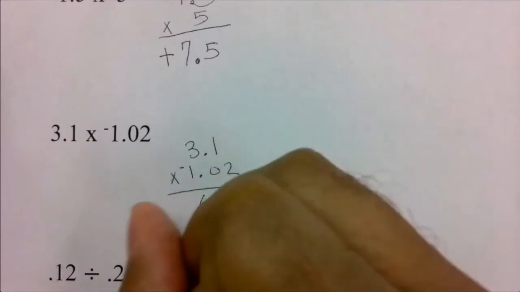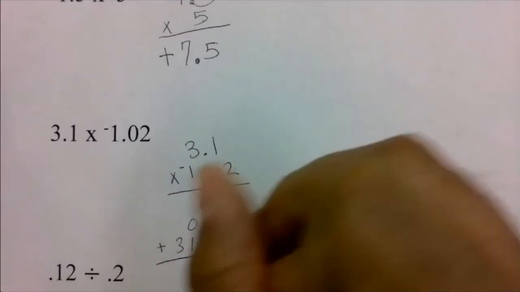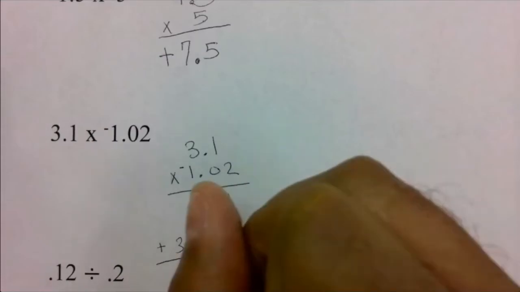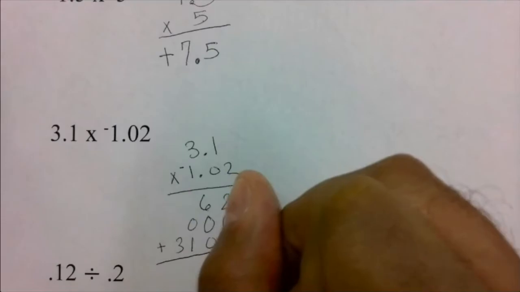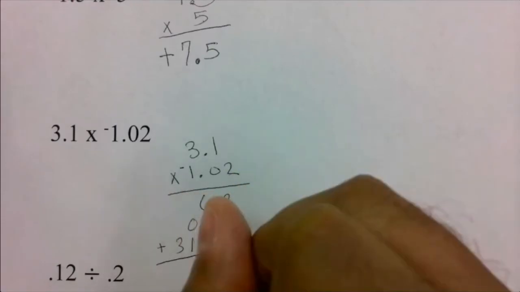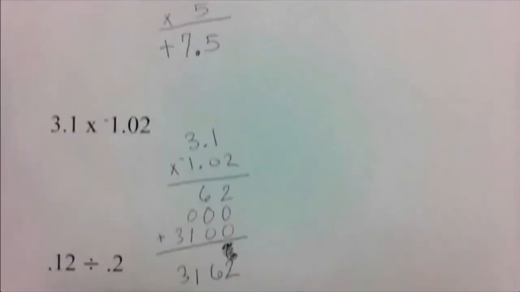Now we add all this up. So we should get 2, 6, 1, 3. Right?